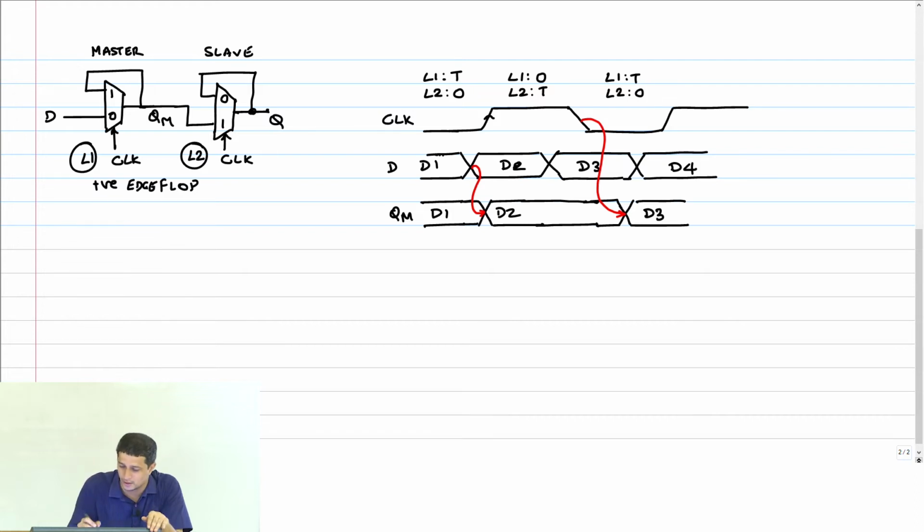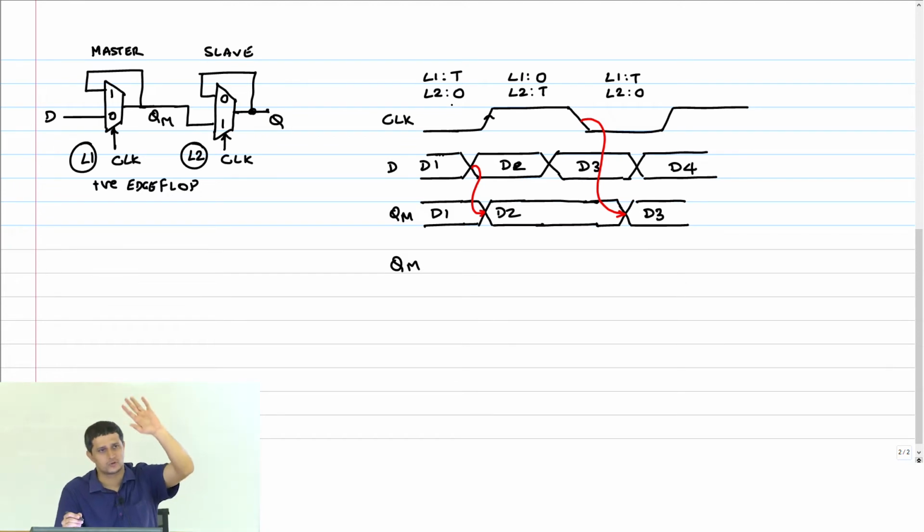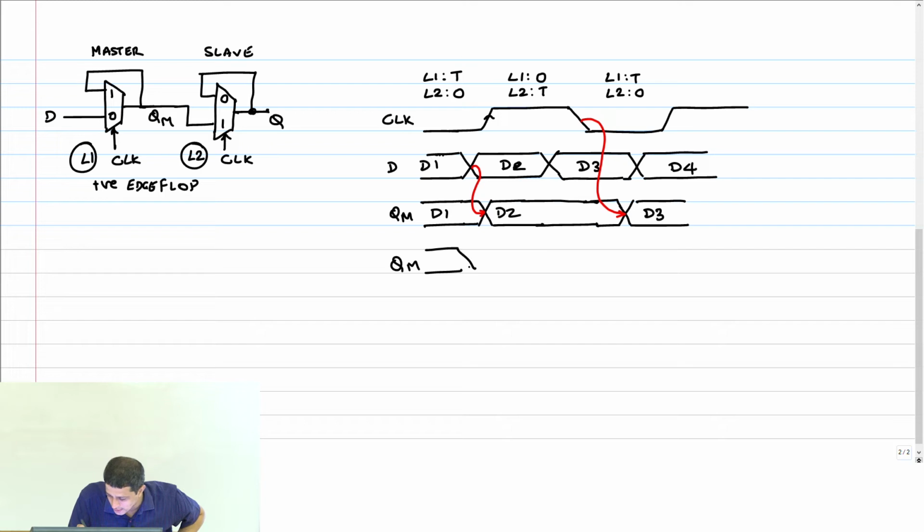We are consistent till here. Now we have to see what happens to QM. Okay, so in the 0 cycle, what was the state of L2? It was opaque, right? So that means it's holding some state, so we do not know what it is. That's why we said, remember, that we do not know what the state is.